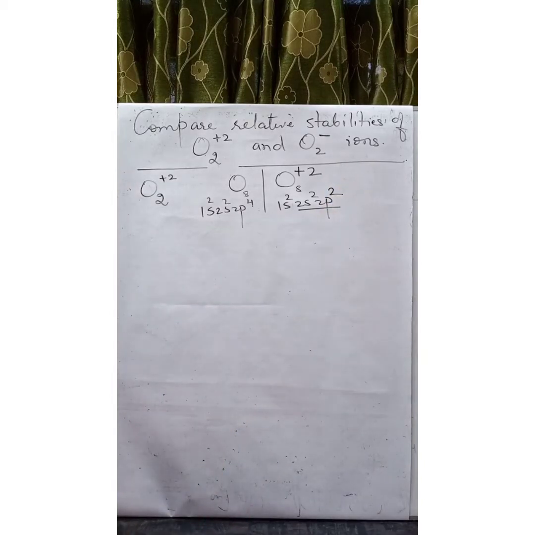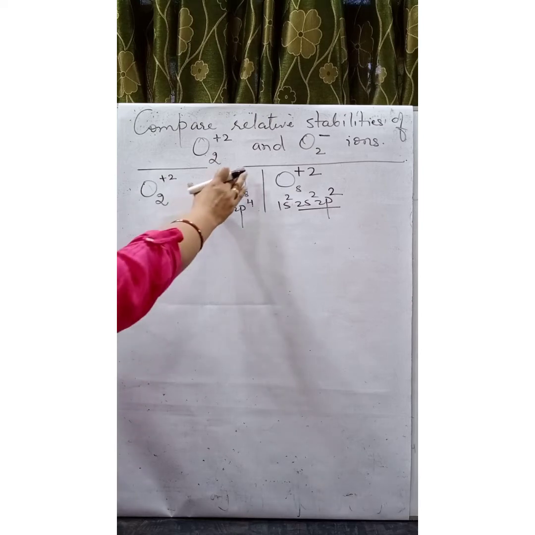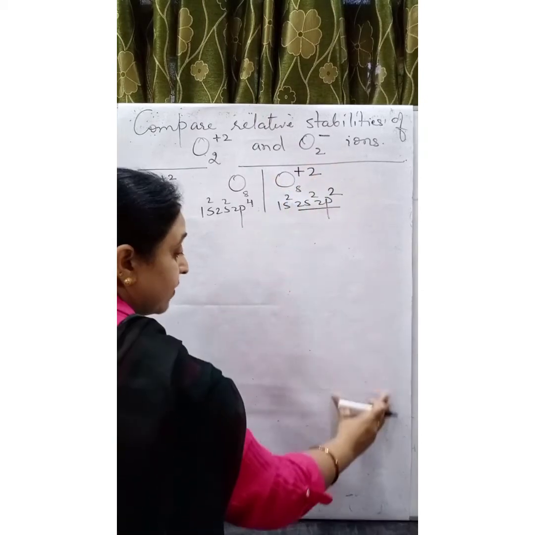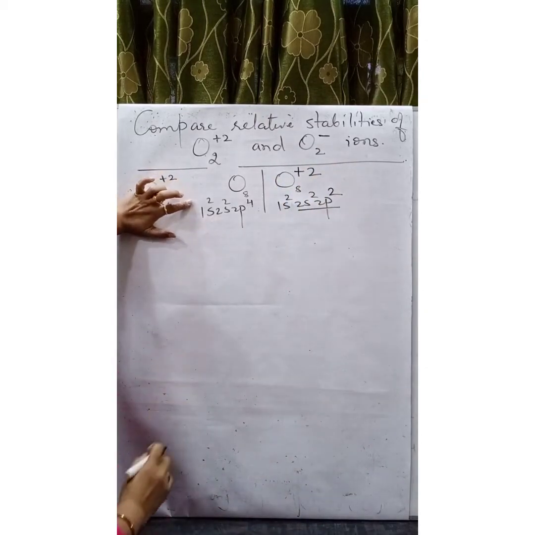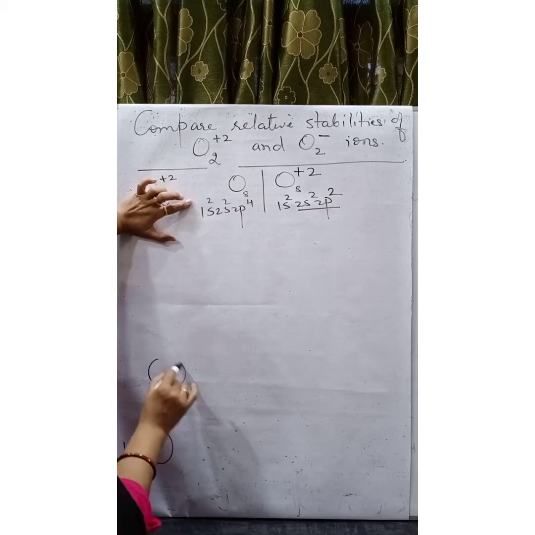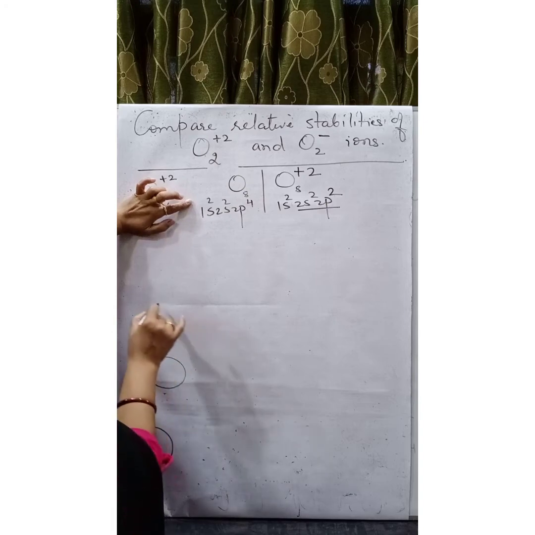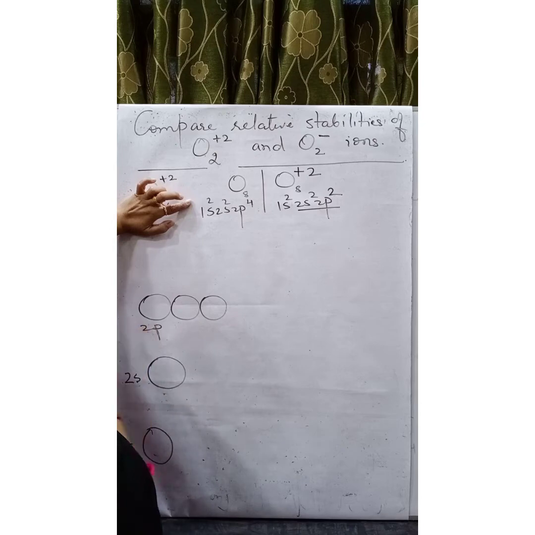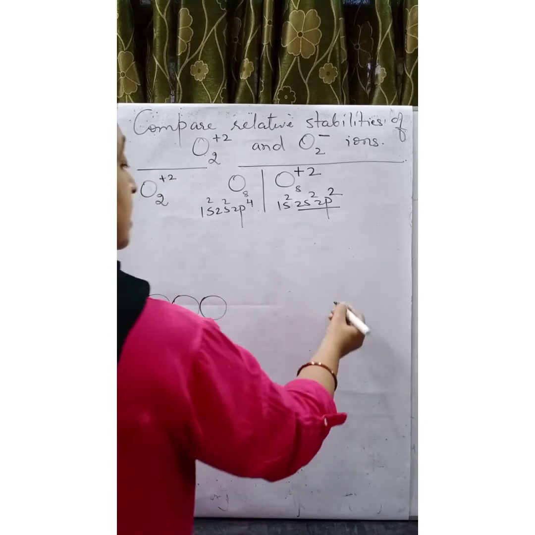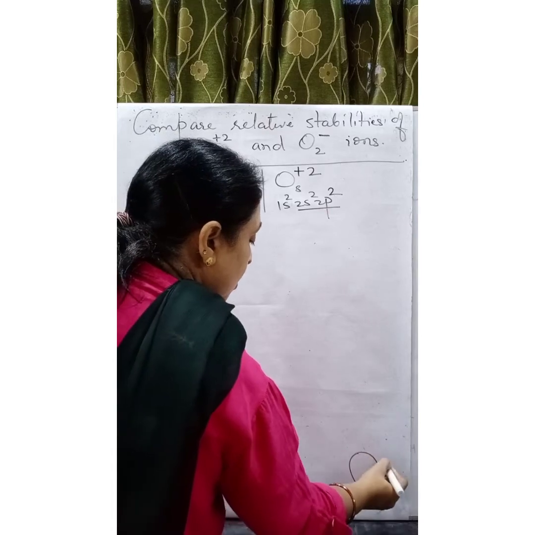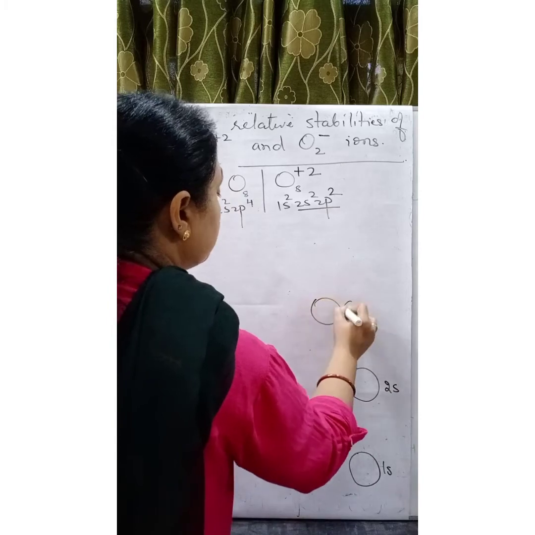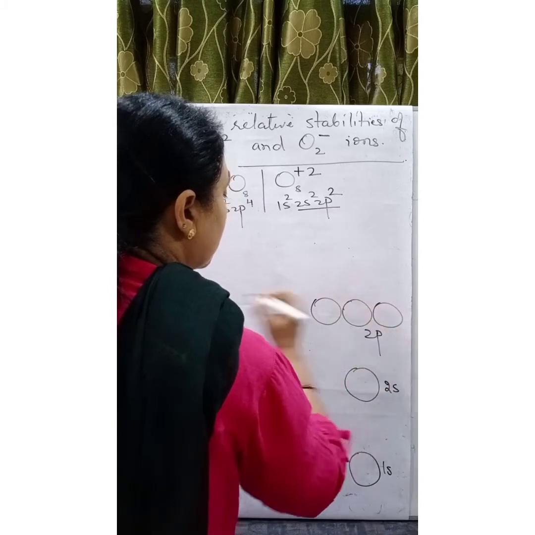Now put down the molecular orbital diagram. For one atom we will put on the left hand side, and for the other atom on the right hand side. First of all, for this atom, 1s atomic orbital, 2s atomic orbital, and 2p having 3 suborbitals. Now for the other oxygen atom, similarly 1s, 2s and 2p having 3 suborbitals.